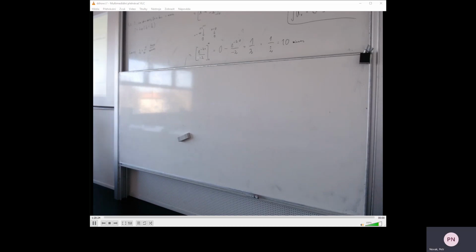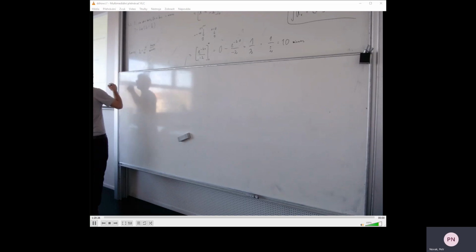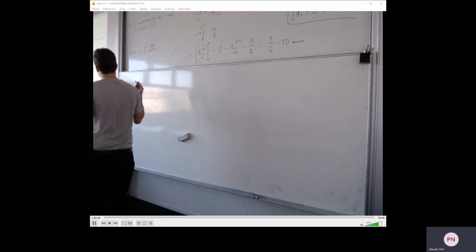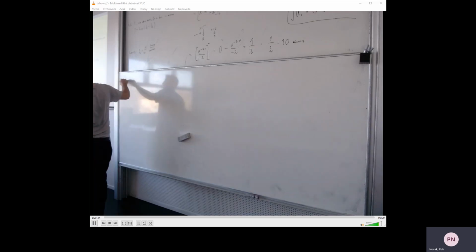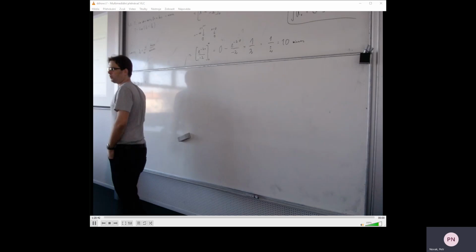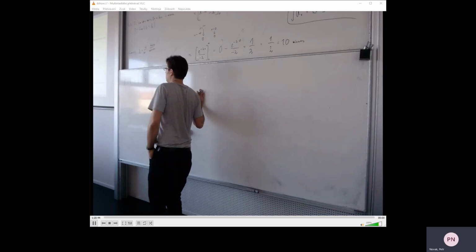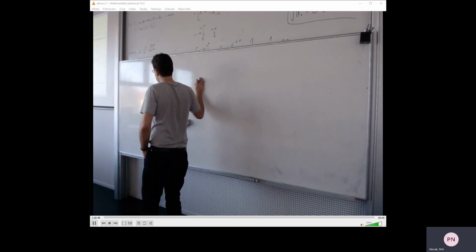Now, the next part asks us what's the probability that we will need to wait for more than 5 minutes. So the probability that the waiting time will be larger than 5 minutes. Now, how can we compute this? Complementing from 1 to 5. We can.